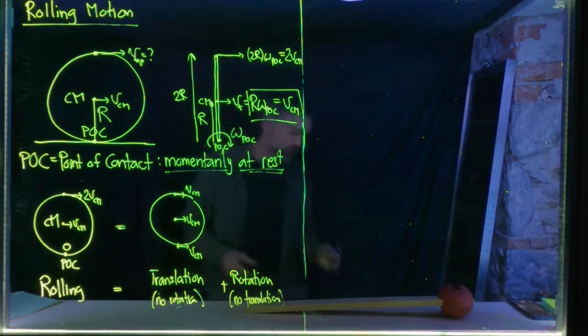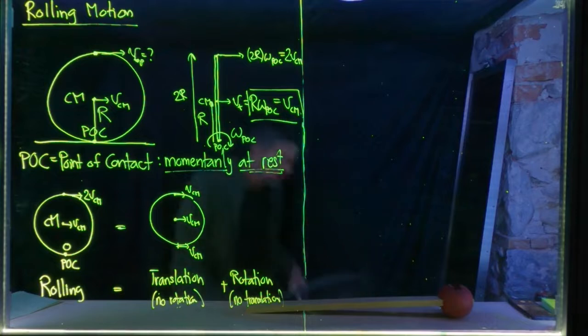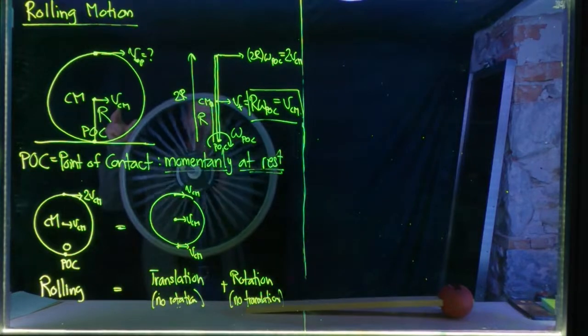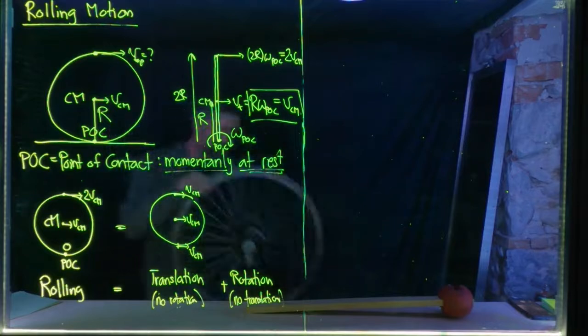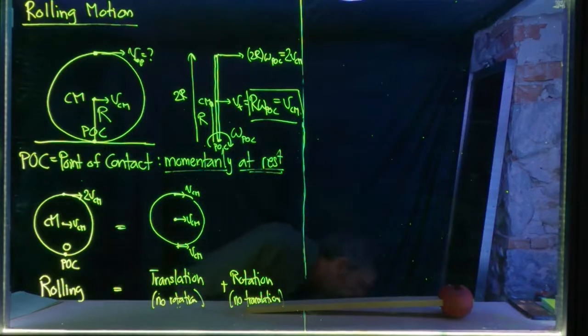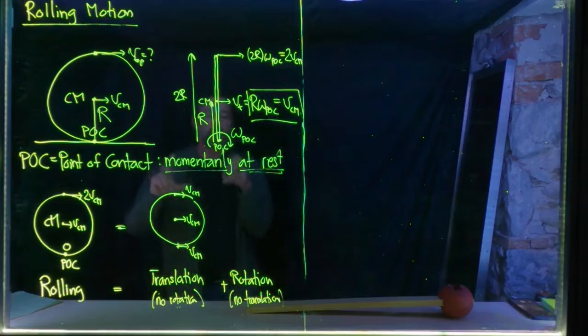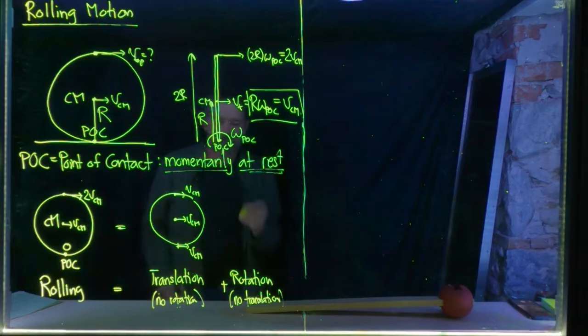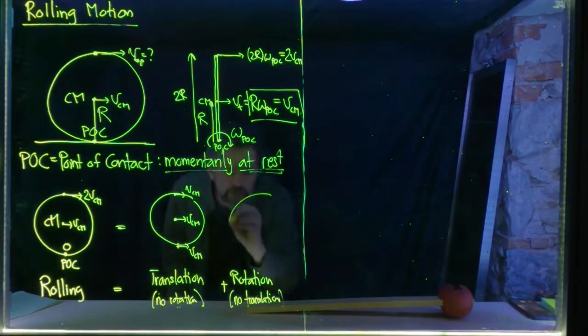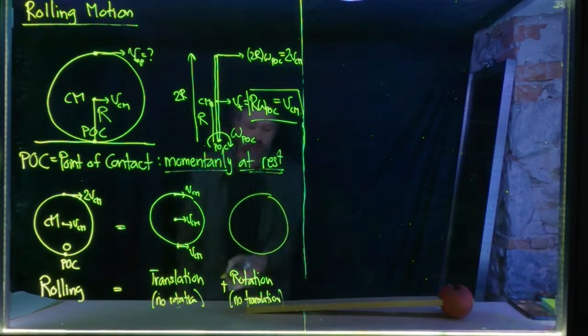Okay, rotation with no translation means it's doing this. The center of mass point is not moving. The velocity of the center of mass point is 0. Okay, and the wheel is rotating with some angular velocity, not now about the point of contact, but now about the center of mass. Okay, so here's our wheel. And we are saying no translation, so the velocity of the center of mass point is 0.